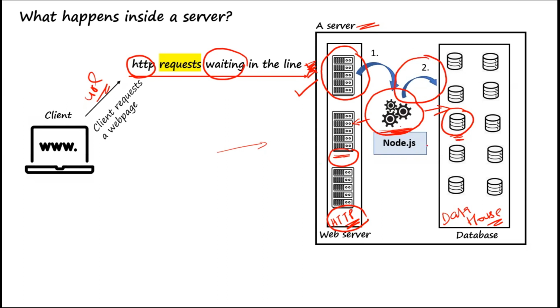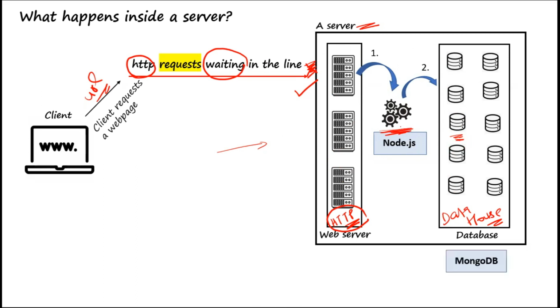So now what happens? The second step is, what's the database in our case? As we would be catering to MongoDB, the database in our case would be MongoDB. So this is how full stack is happening.